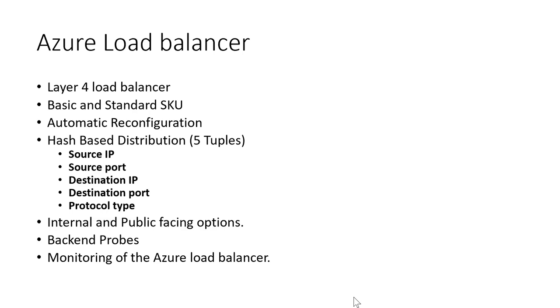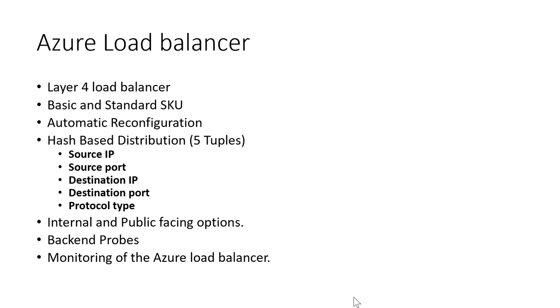The traffic distribution rule is a hash-based distribution model of five tuples: source IP, source port, destination IP, destination port, and protocol type. In that scenario, the Azure load balancer will use the hashing algorithm for distribution of the inbound flows. The load balancer rewrites the header of the flows to the backend pool instances.